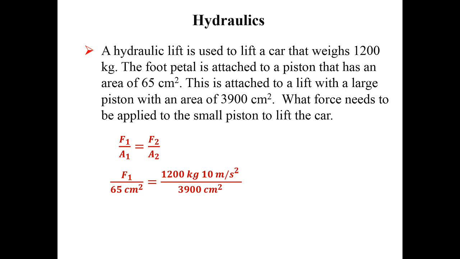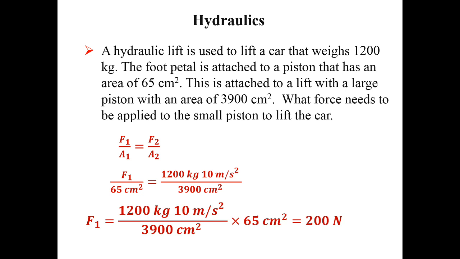So I rearrange this to solve for force 1, and I get the weight divided by 3,900 centimeters squared times 65 centimeters squared, and that is equal to 200 newtons.